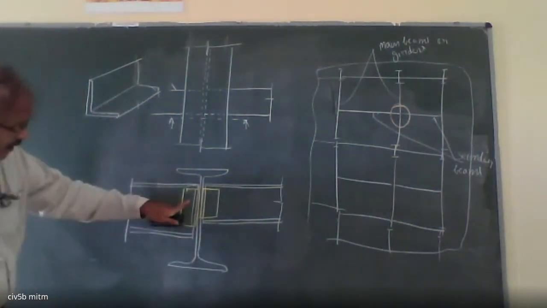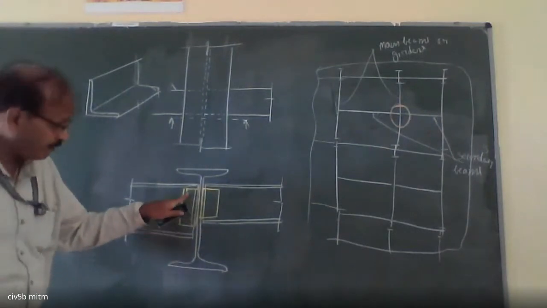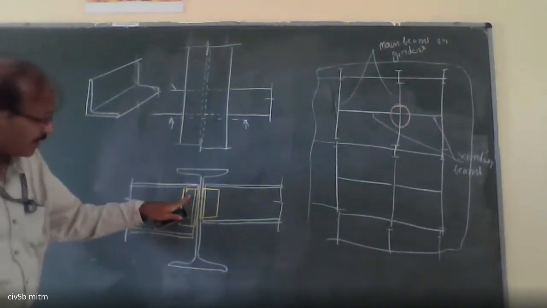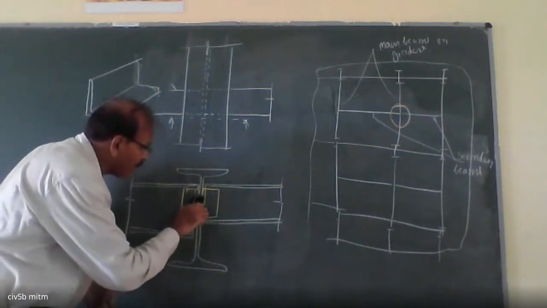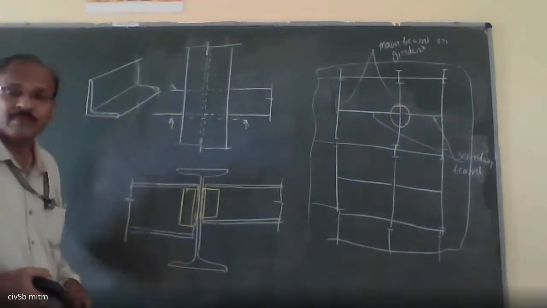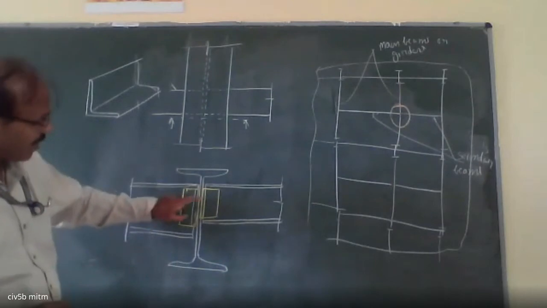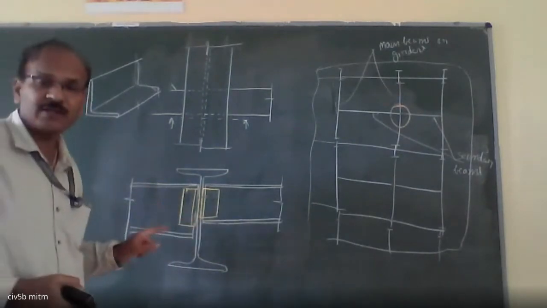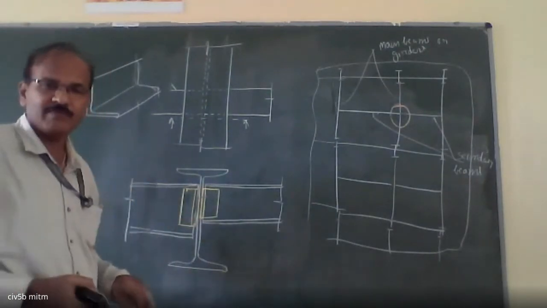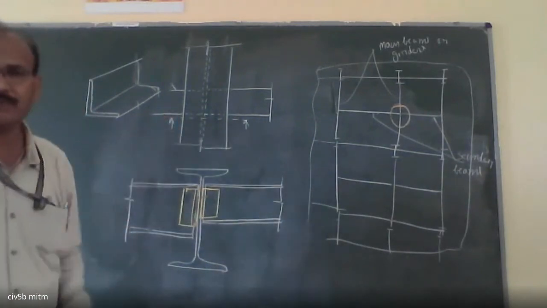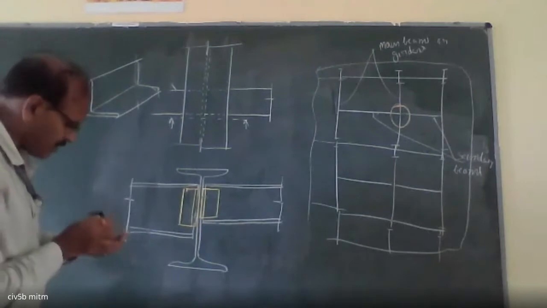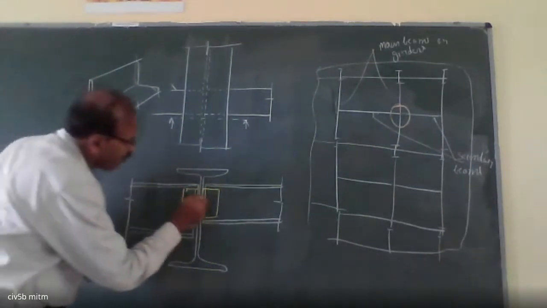Again, this angle will have a different length, and the section of the angle we need may vary, or we may adopt the same size of angle. That depends on the design. There is one more angle behind it. Afterwards, we are going to provide bolts.